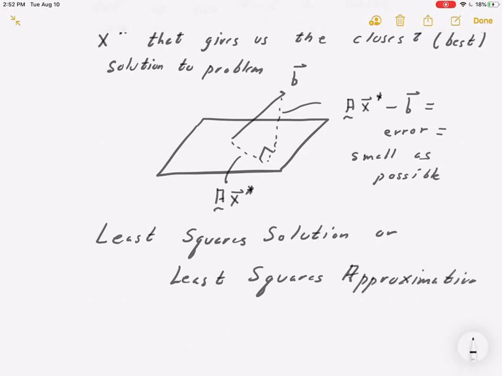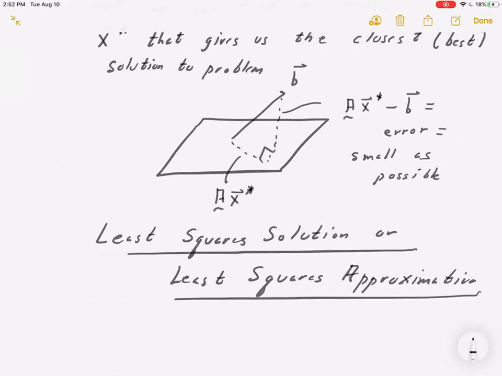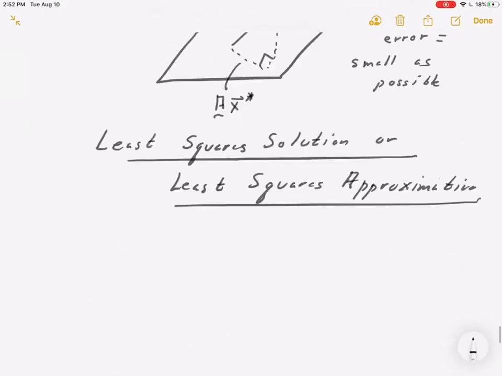So let's underscore that. We cannot, in this problem, solve this matrix vector equation.